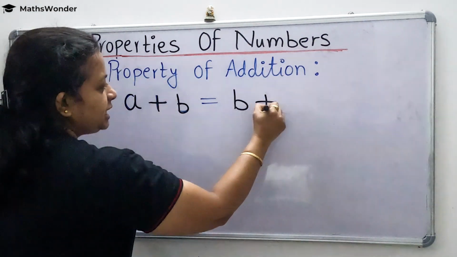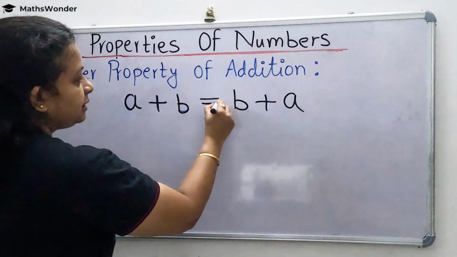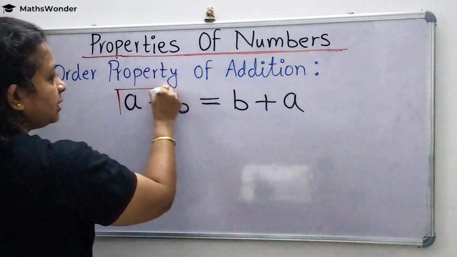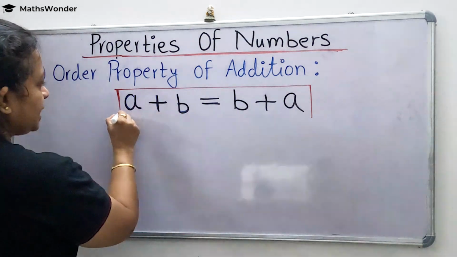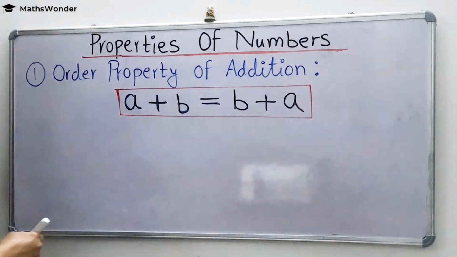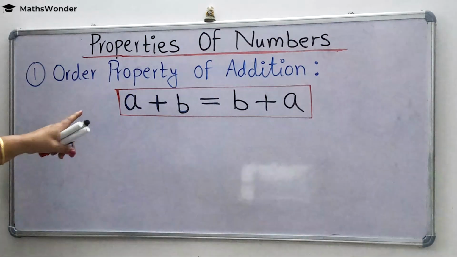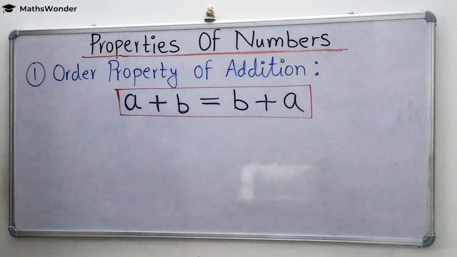When you change the order, the addition becomes the same. Now I am giving examples. The sum of two numbers remains the same even if the order of the addends is changed.